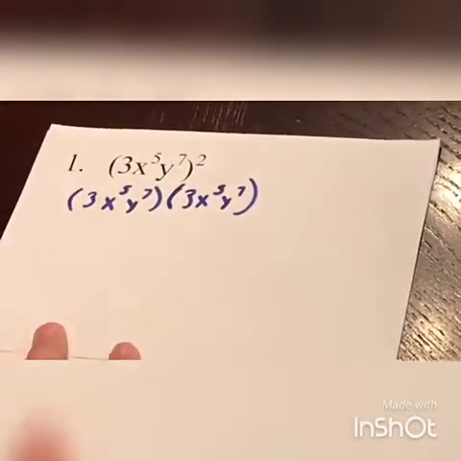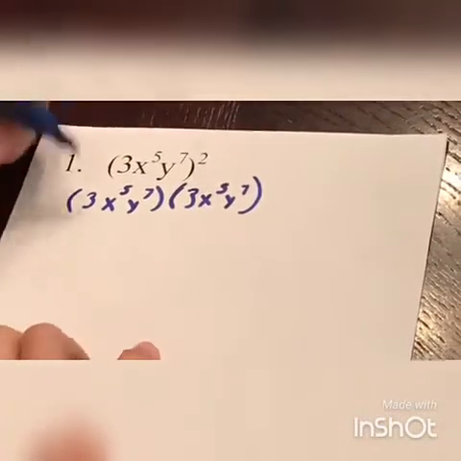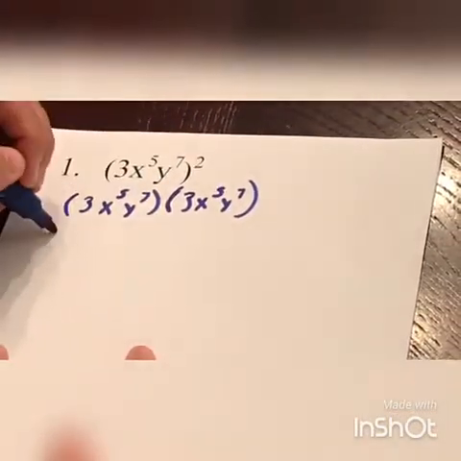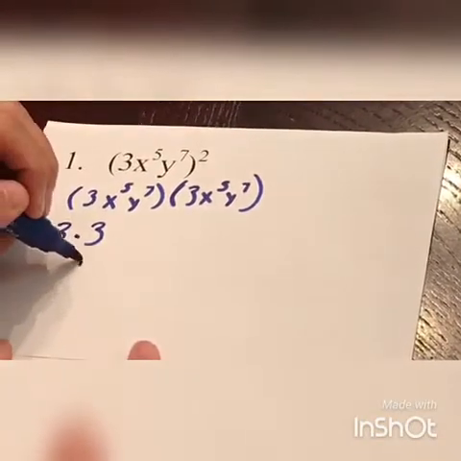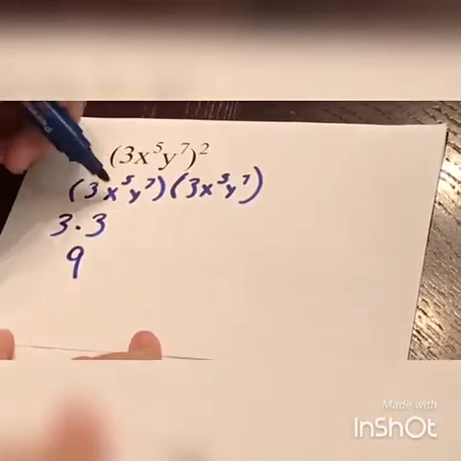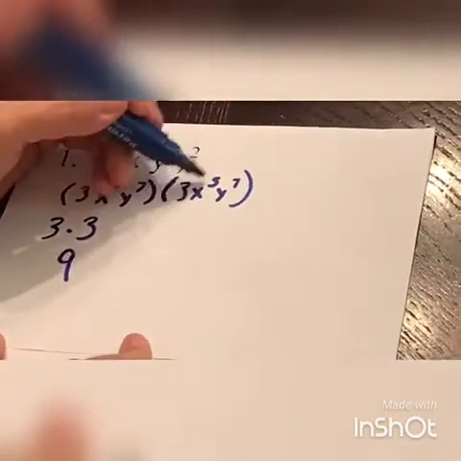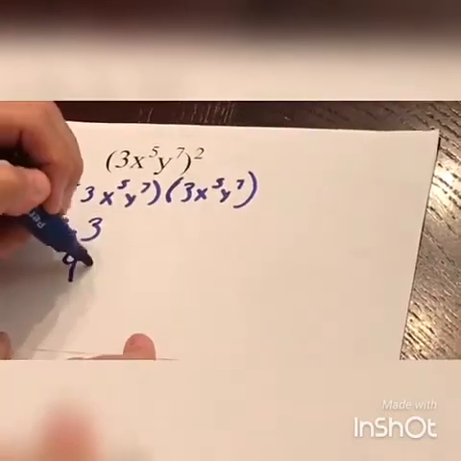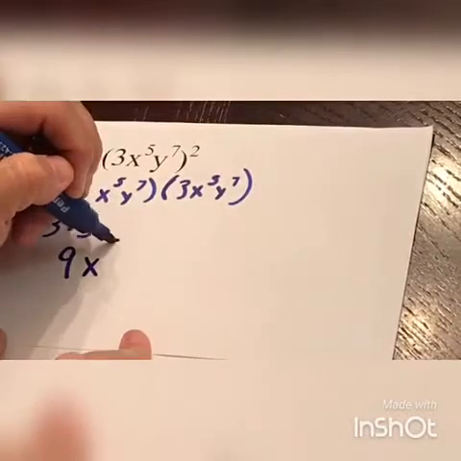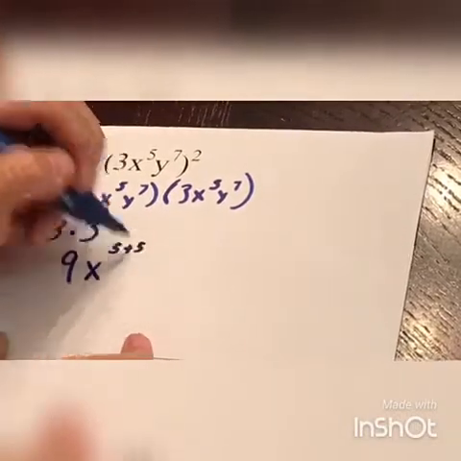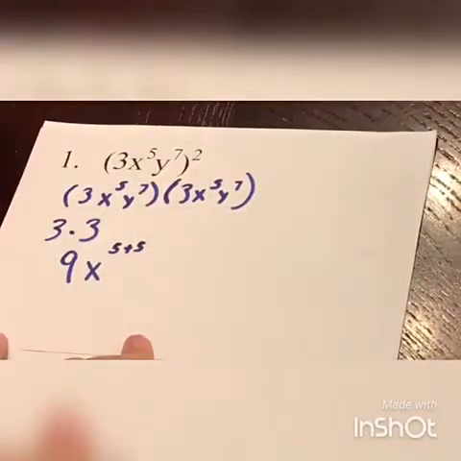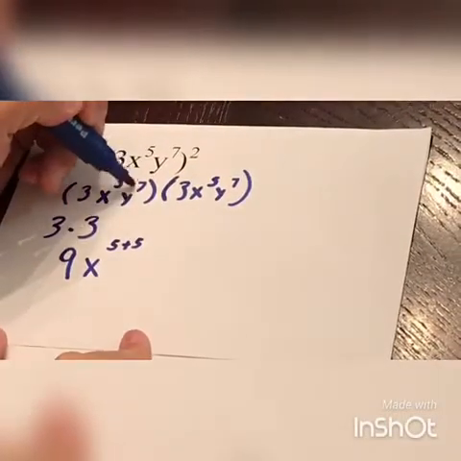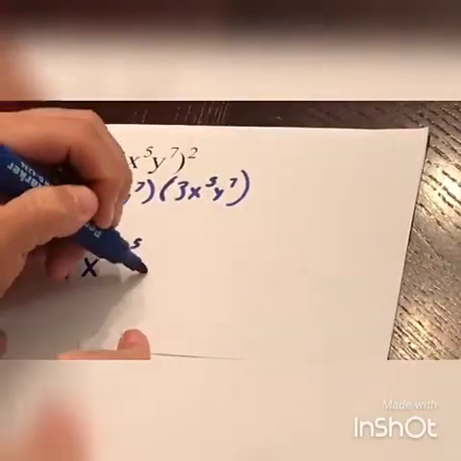And then we complete this problem as a multiplication problem. 3 times 3 is 9. The x variable and the x variable with the 5, x to the 5 plus 5. Add the exponents on like variables, y to the 7th and y to the 7th.